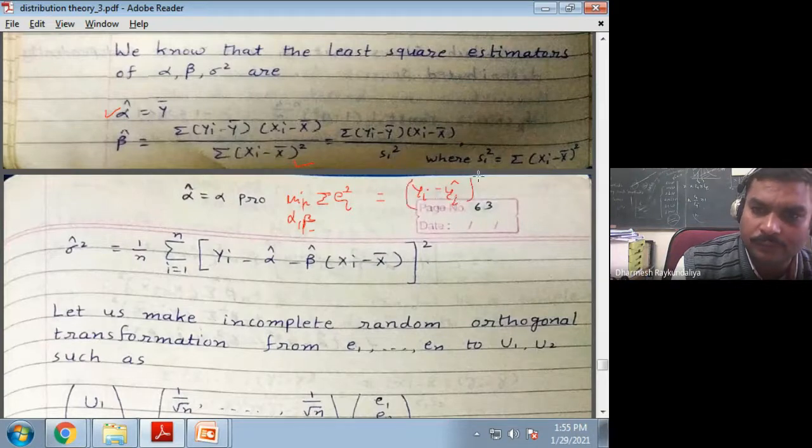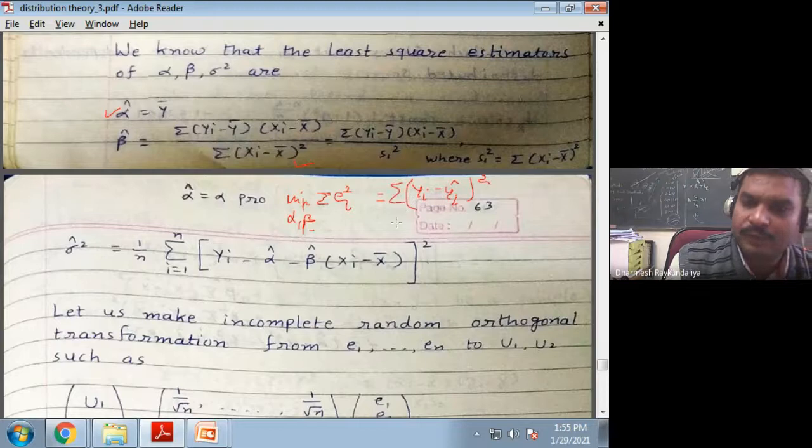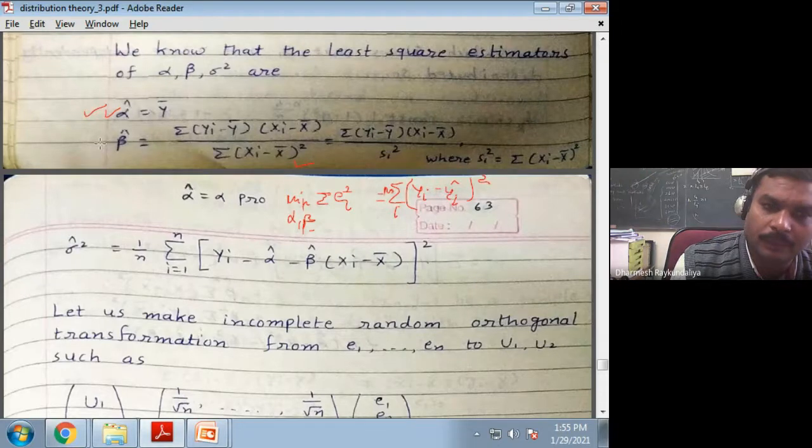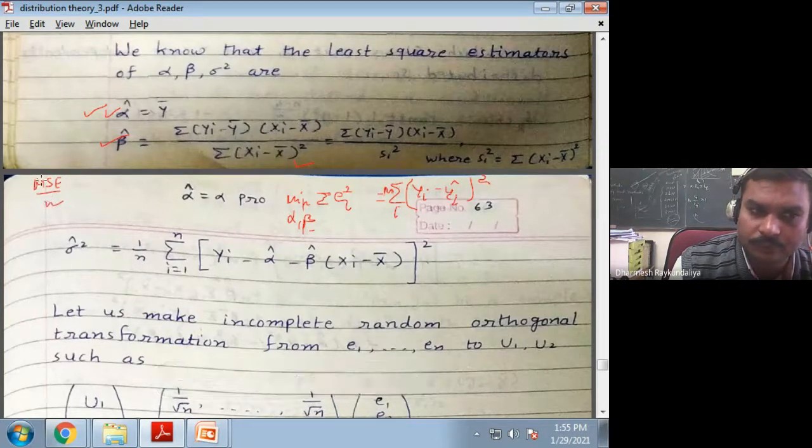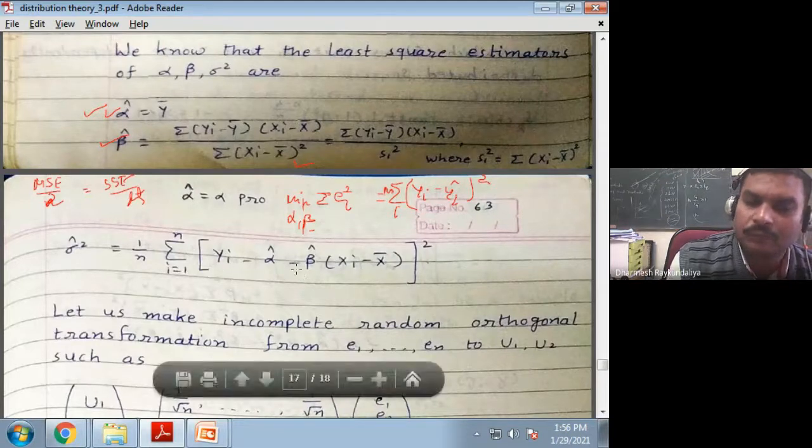Equating the derivatives to 0, you get alpha cap equal to y bar, beta cap equal to this, and sigma cap square is the mean square due to error, that is, the SSE divided by the corresponding degrees of freedom. Here y cap is alpha cap plus beta cap (xi minus x bar).